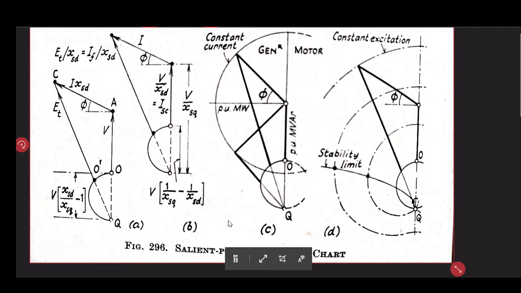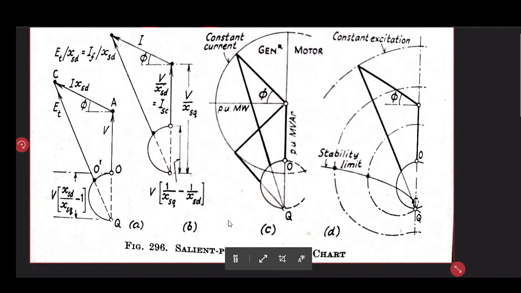Now it may be observed that at low leading power factor the excitation will have to be reversed on account of the effect of direct magnetizing armature reaction. This is a very important observation, and here we are considering only the generator case, not the motor part.